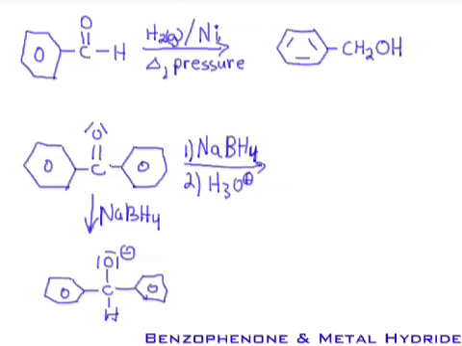That leaves BH3. Now if you remember, 6 electrons around boron, boron has an empty orbital. So quite often the BH3 will interact or actually bond to the oxygen.